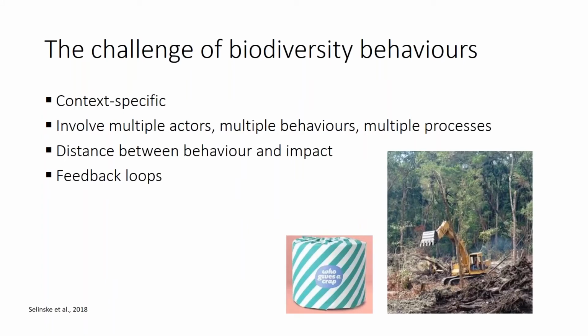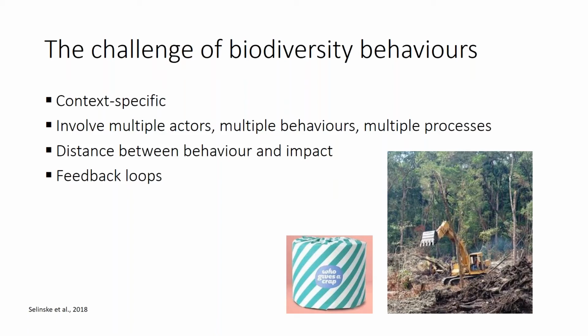When we're looking at biodiversity behaviours, the Icon Science team over at RMIT published a paper a couple of years ago looking at biodiversity-specific behaviours and why there are a lot of difficulties in trying to address these behaviours. They're often quite complex behaviours that involve multiple actors, lots of different behaviours and multiple processes. But there's also quite often a distance between the behaviour and the impact.